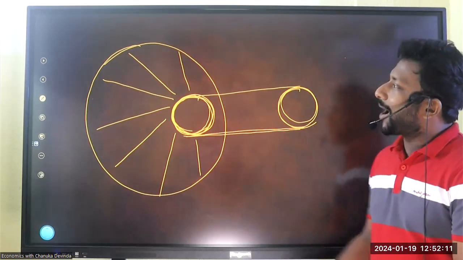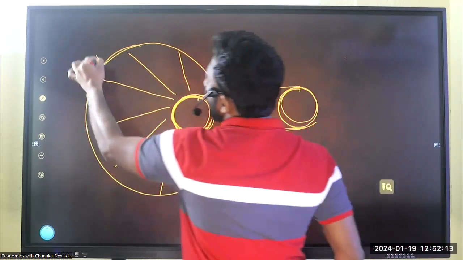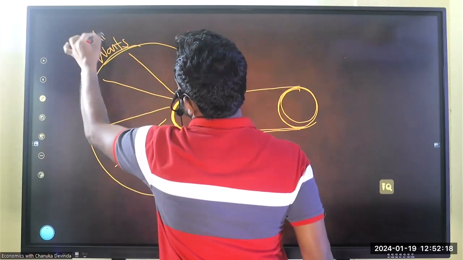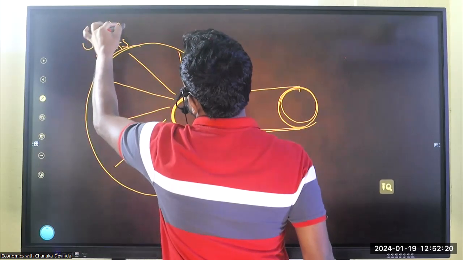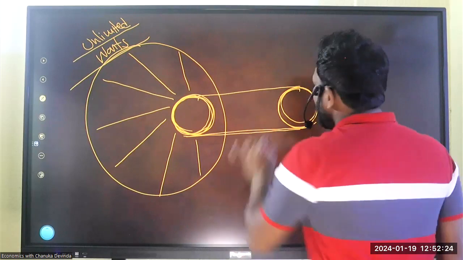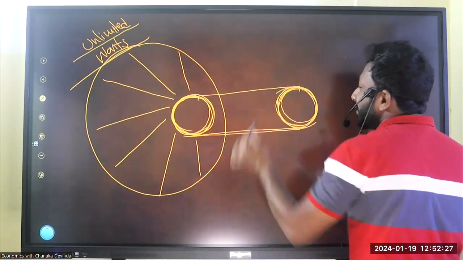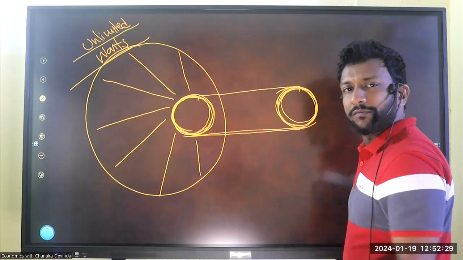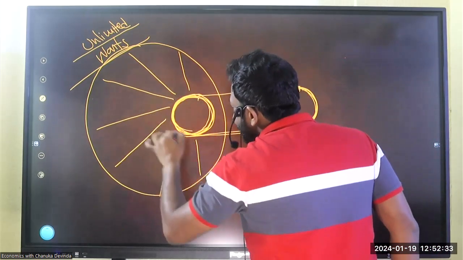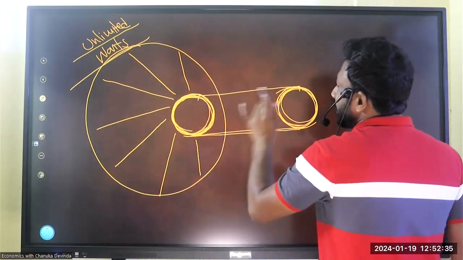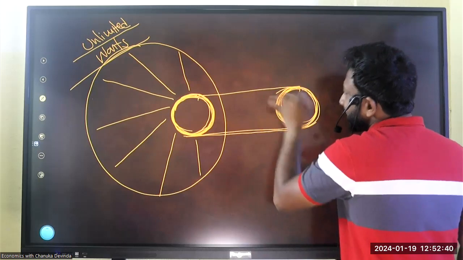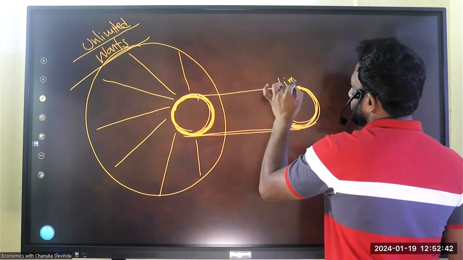Obviously, you can't satisfy all the unlimited wants with limited resources. Then what do you have to do? You have to select which wants you are going to satisfy with limited resources.